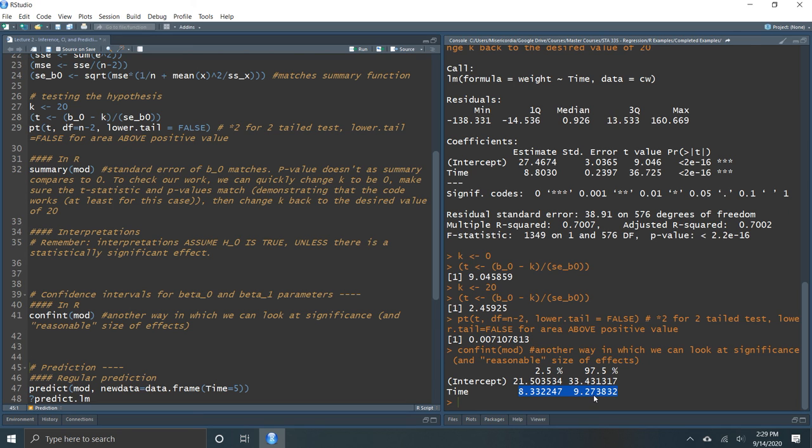Confidence intervals offer a great way in which we can offer reasonable ranges of what we could expect. So it's reasonable to expect that the weight increases by 8.33 to 9.27, something in that range, maybe a little smaller, maybe a little bigger. 95% of the time, though, it's going to be between these two values. Or we're 95% confident that the true weight increase per unit increase in time is between these values.